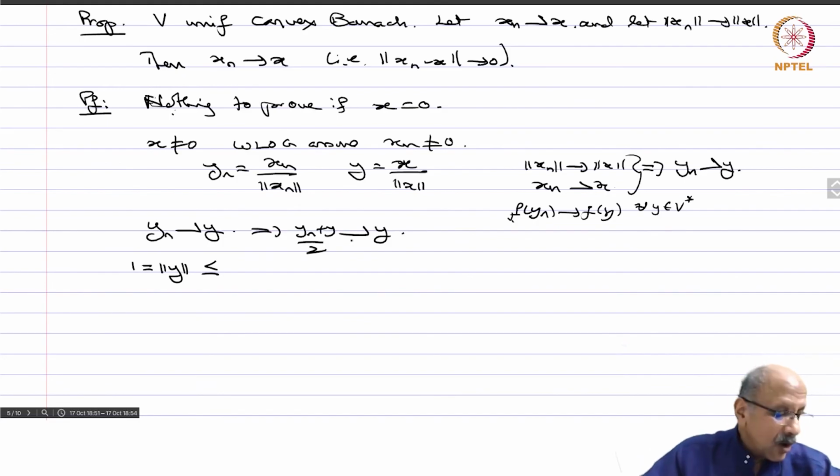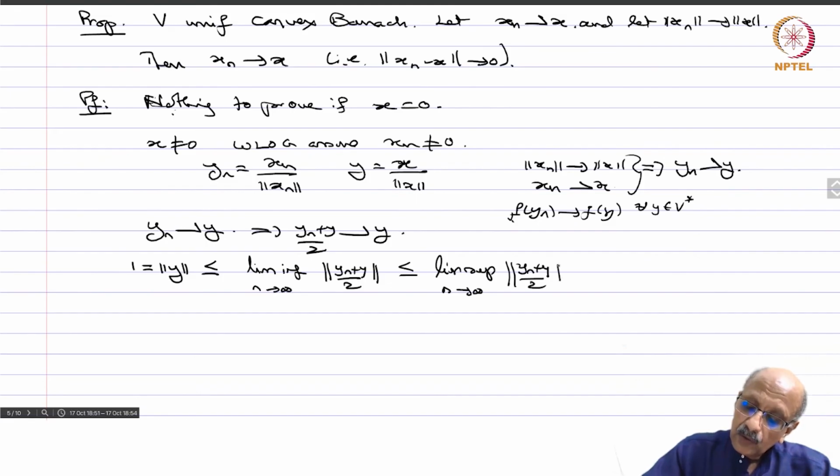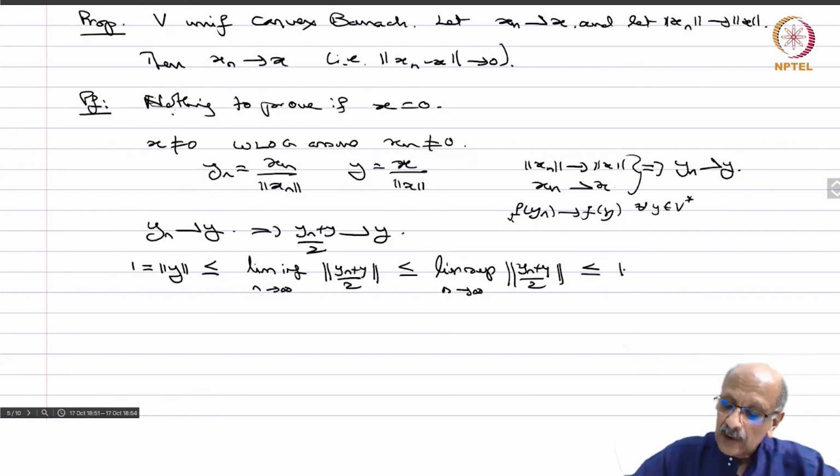Therefore lim inf as n goes to infinity of norm of yn plus y by 2, because we know if something goes weakly, then the norm of the limit is less than or equal to the lim inf. Now lim inf is less than or equal to lim sup as n tends to infinity of norm of yn plus y by 2, but norm of yn and y are all 1, and therefore by the triangle inequality this is always less than or equal to 1, and therefore the lim sup is also less than or equal to 1.